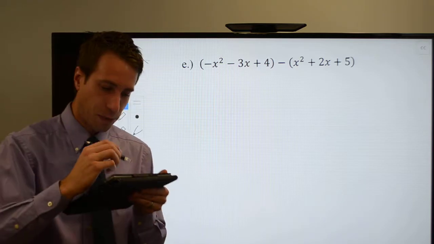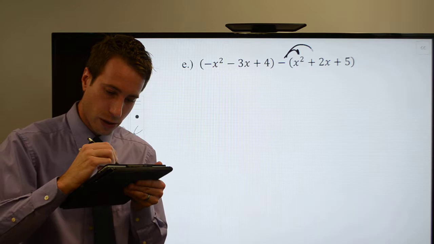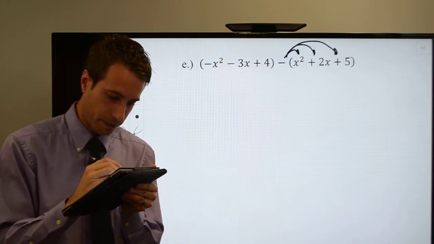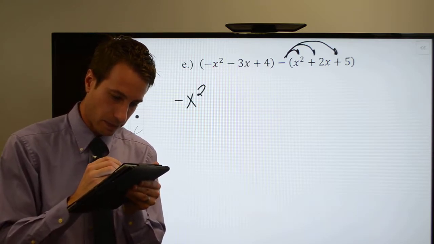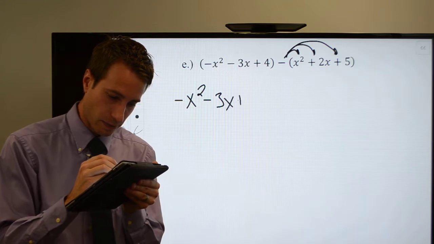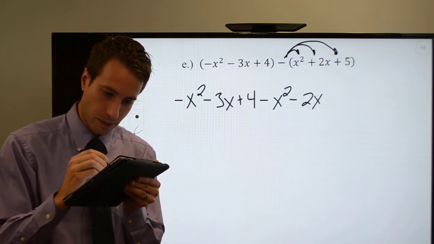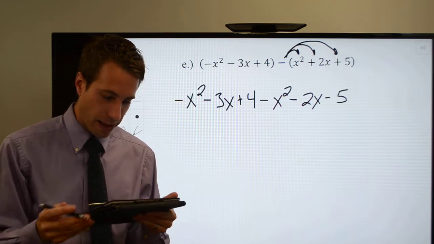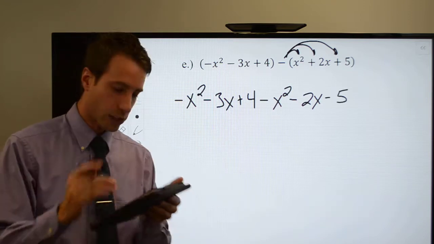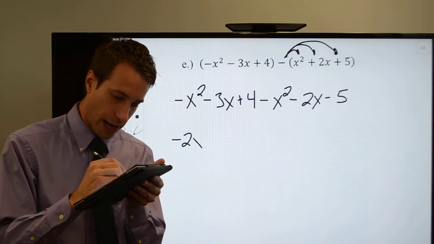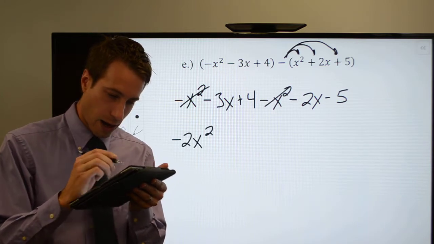Let's subtract these polynomials. We will distribute the minus sign and combine like terms. Negative x squared means minus 2x squared.